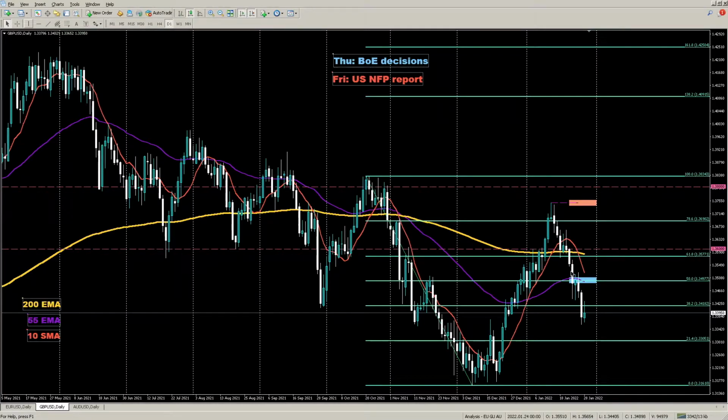And it has also taken a tumble. It tried to hang on to support at the 55th retracement around the daily 55 EMA.